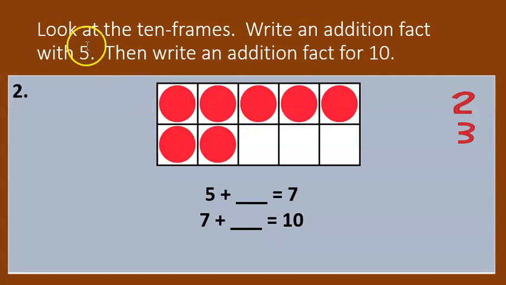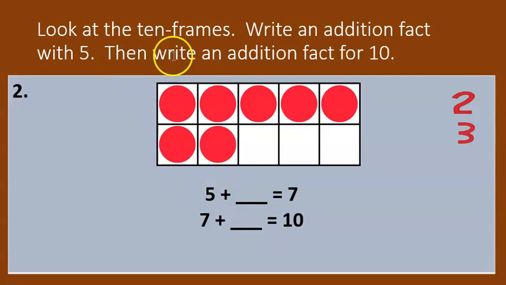Now, boys and girls, they want us to look at this 10 frame now. Look right here. We have 2 addition equations that they gave us. They want us to fill this in. It says right here, write an addition fact with 5, which is this first one. You see 5 is already here for us.